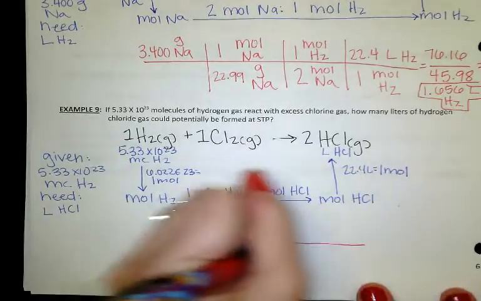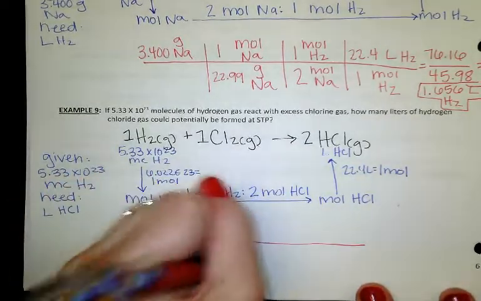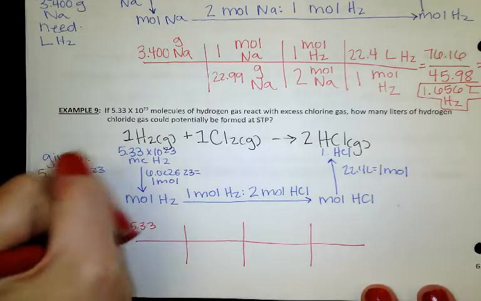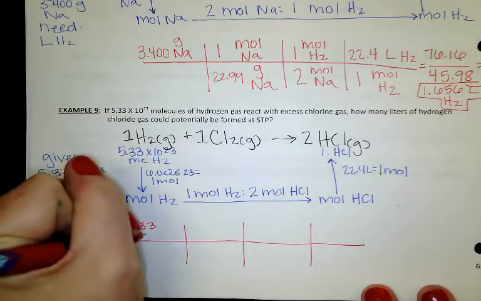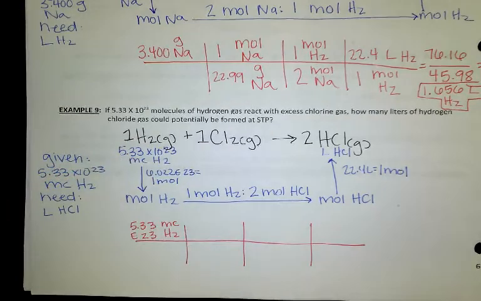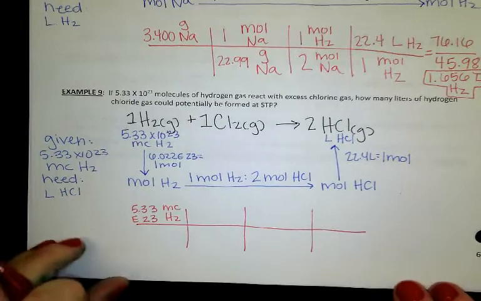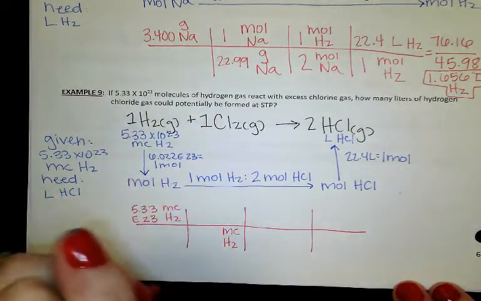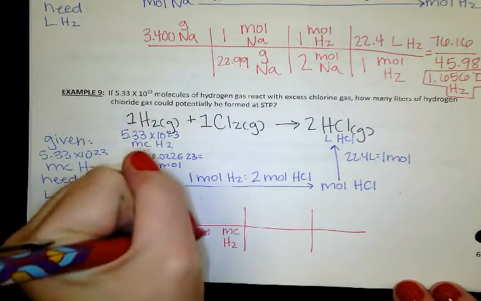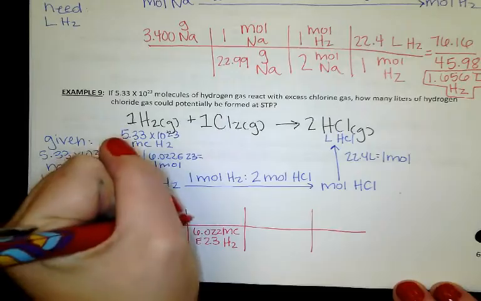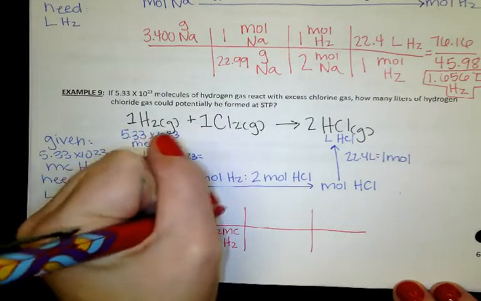So we're doing 3 conversions, so draw 3 lines. Starting off with 5.33 times 10 to the 23rd molecules of hydrogen gas. Okay, so we have molecules on top. So molecules goes on the bottom, and Avogadro's number is going to go with it. 1 mole of H2 will go on top.